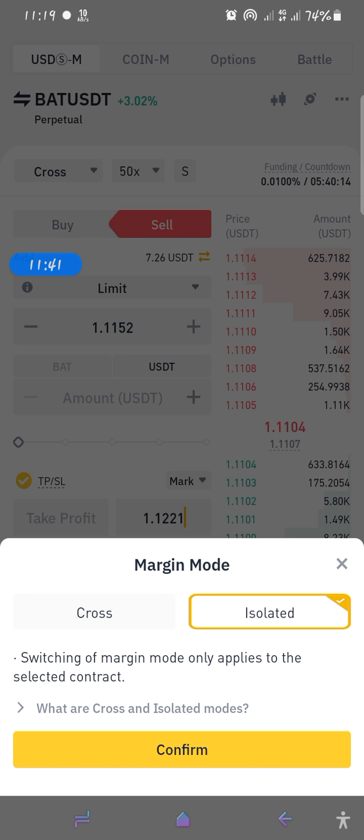So it means if I'm risking $5 on a trade and the market has not hit my stop loss, the trade will close automatically because it has already reached $5 risk. So that's the only disadvantage: if you are risking a particular amount and that amount has been reached already.